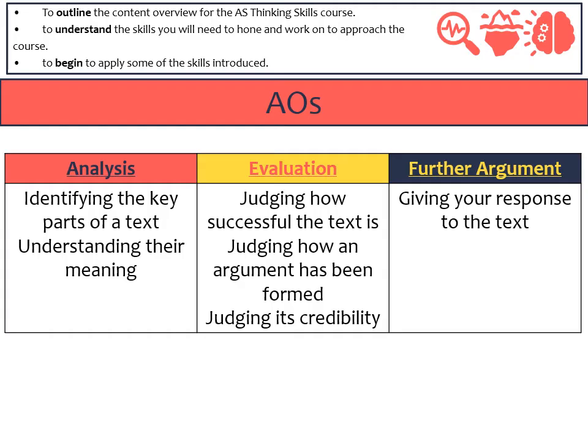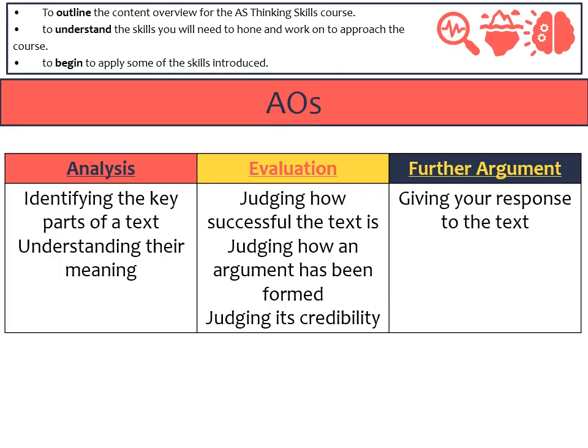The second assessment objective is to evaluate. Now that's judging as a process, and we've talked about critiquing before as something that critics might do, but that's judging either in a positive or a negative manner how successful the text is. Now that can be in the form of how effective that particular text has been in forming an argument. It might be judging its credibility.